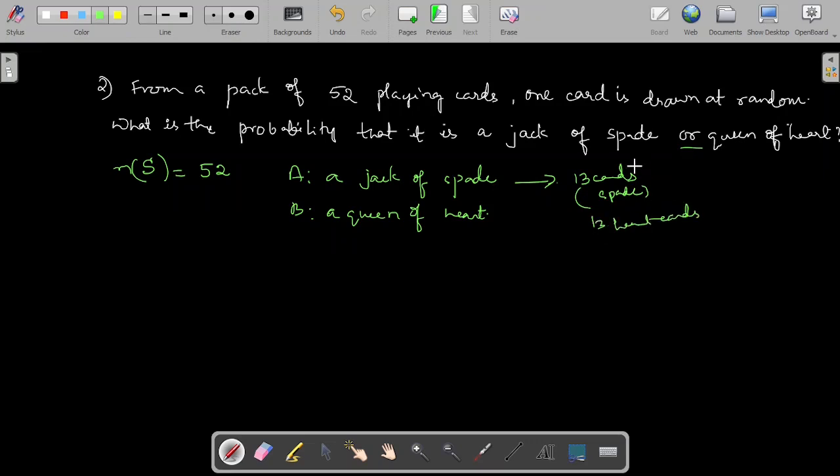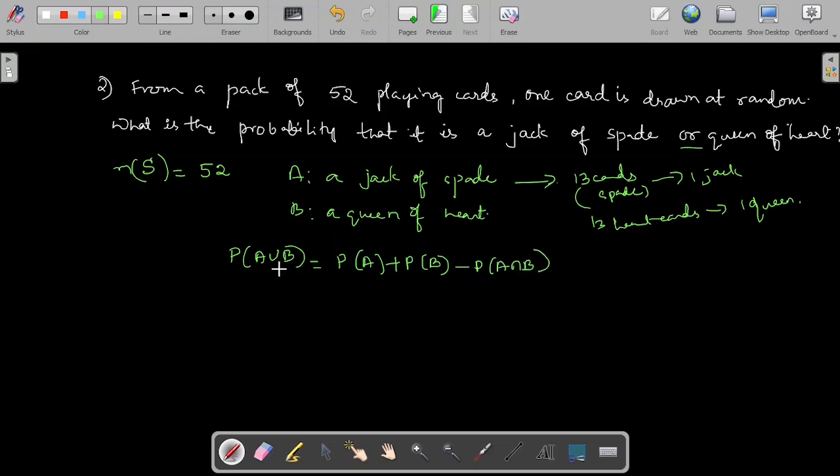Out of these 13 cards, one jack will be there, and here you will have one queen. Now you have to find the probability of A union B, which is equal to probability of A plus probability of B minus probability of A intersection B.